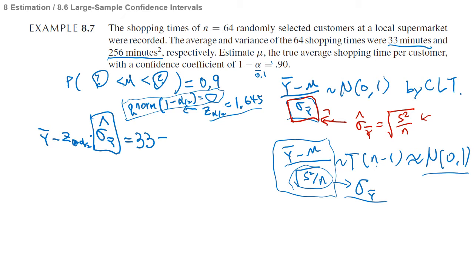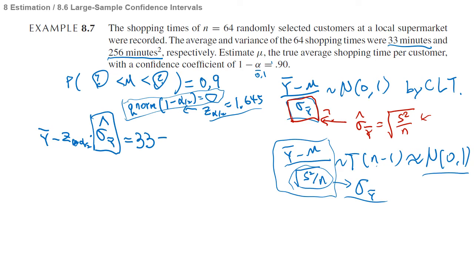Since you are solving these problems online, and we will probably have an online exam, you can use R. To find the value of Z alpha over 2 in R, put qnorm of 1 minus alpha over 2, then you will get about 1.645.